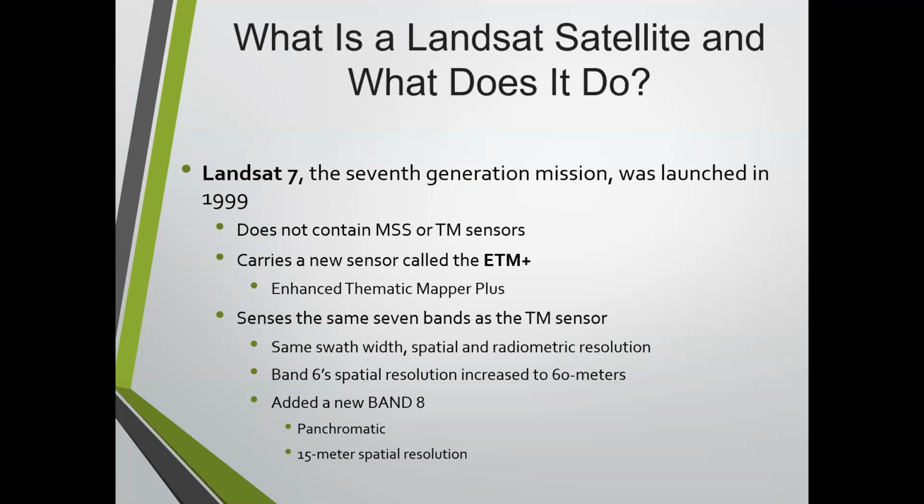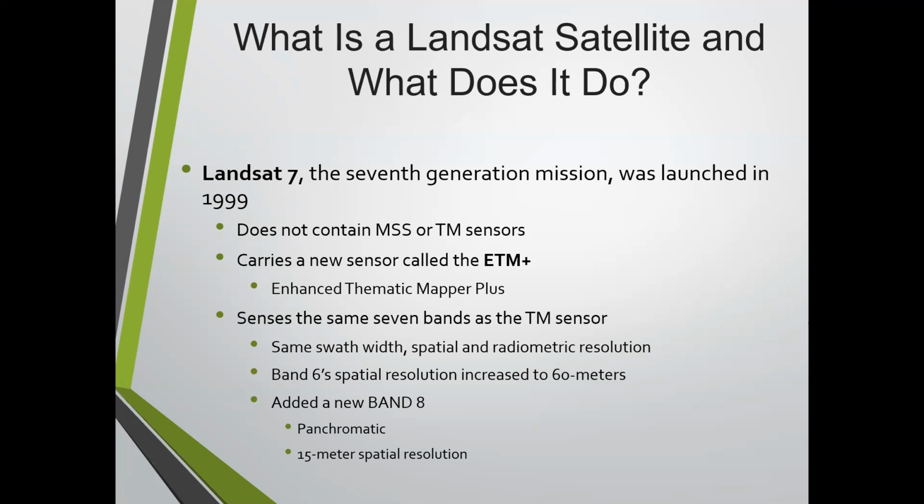So these thematic bands also had improved radiometric and spatial resolutions over the MSS bands, so you were higher resolution at that point. Landsat 7, which was dubbed the 7th generation mission, was launched in 1999, and it doesn't contain the MSS or the thematic mapper sensors. It carried a new sensor called the ETM+, the enhanced thematic mapper.